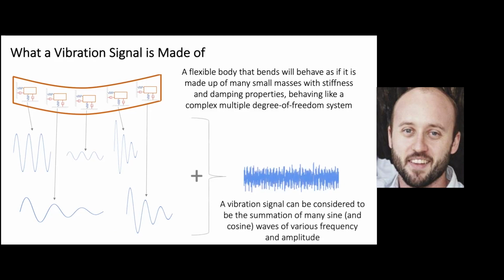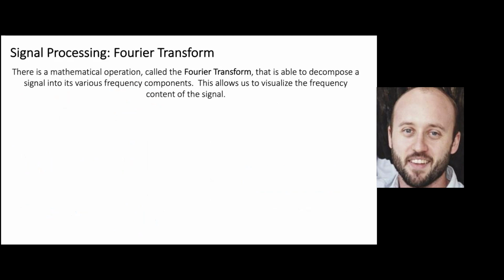The vibration signal itself that we measure is essentially a summation of various frequency components at different amplitudes, having different damping characteristics at different frequencies, and that's what's actually in our vibration signal. So we can take that vibration signal and start doing some mathematical processing on it to try to decompose it into those different frequency components.